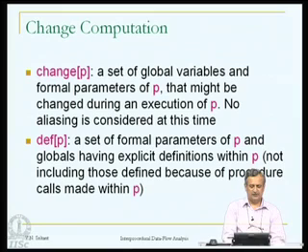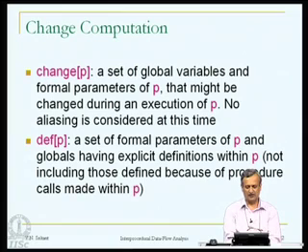Now, one possible observable behavior is the change set of a procedure. So, what exactly is this change set? Change of P is a set of global variables and formal parameters of the procedure P that might be changed during an execution of P. We are going to look at only reference parameters here, not local or call by value parameters, which are not considered.